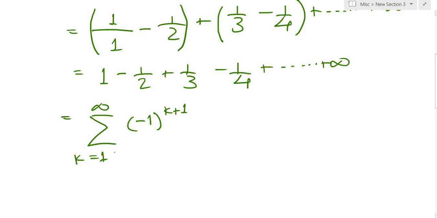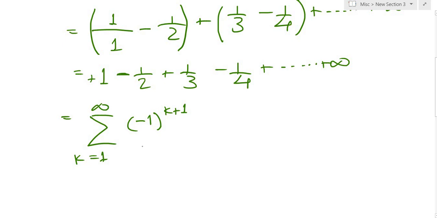So when k is 1, negative 1 squared is positive 1. That's why we have a positive 1 here. And then when k is 2, you have negative 1 to the third power, which will result in negative 1. We have a negative here, so we want the negative on alternate terms starting from the second term.